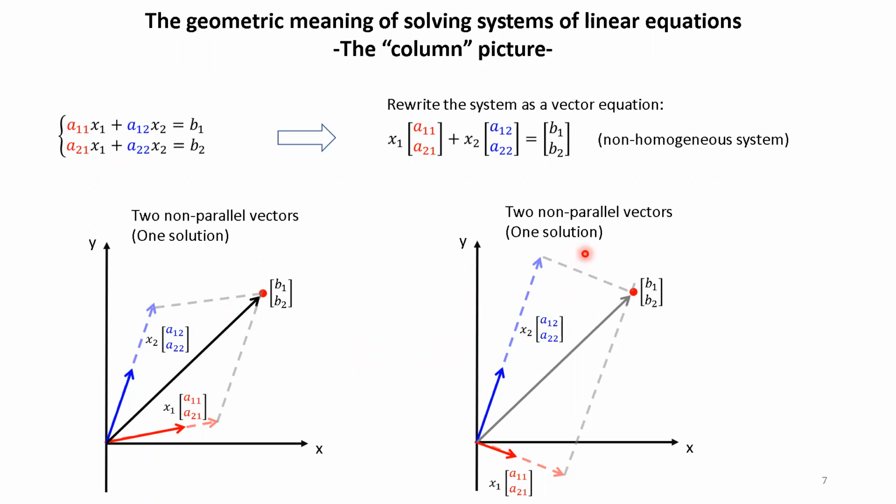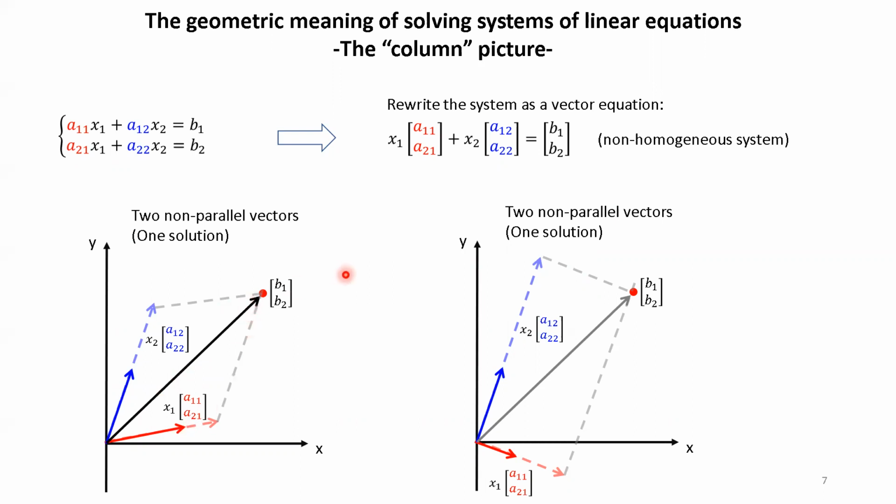The common feature of these two cases is that your red vectors and your blue vectors are not parallel to each other. Or as I mentioned last time, these two vectors are linearly independent.